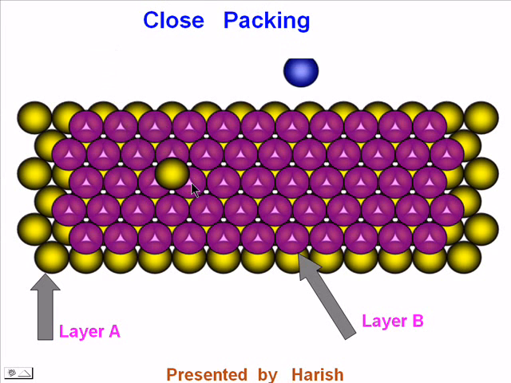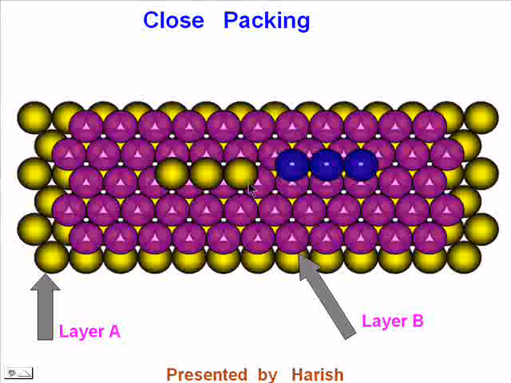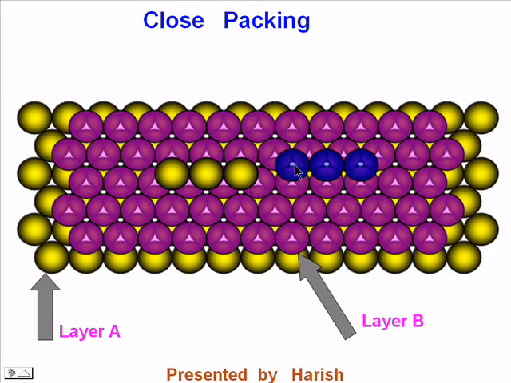So this sphere is over an octahedral void. Okay, and what you might observe is, if I place one sphere over here, the next sphere comes here, and this will not allow another sphere to come here. So that is a problem.